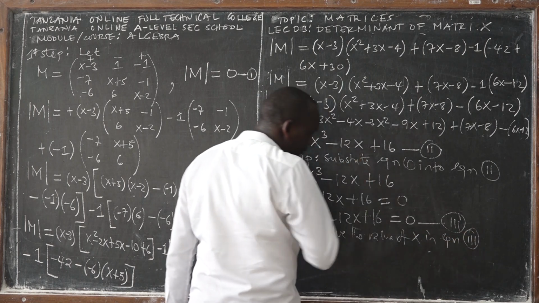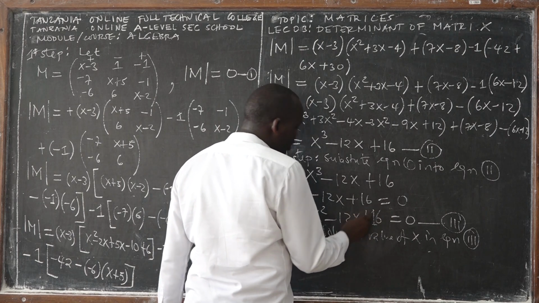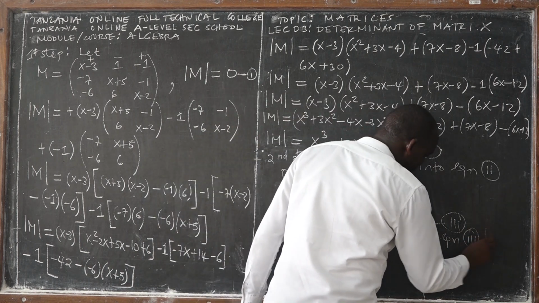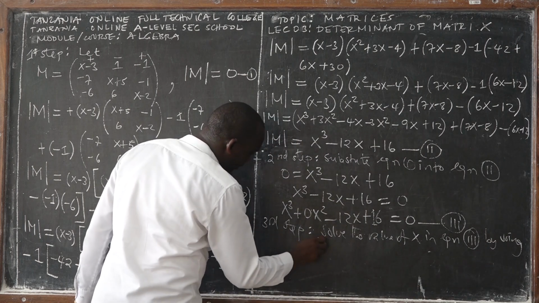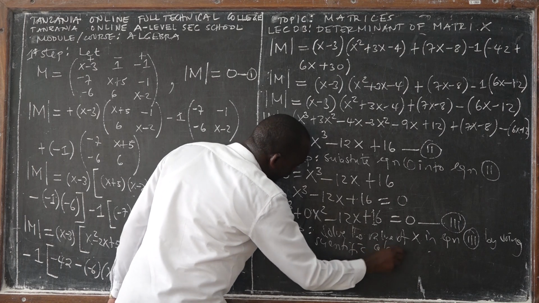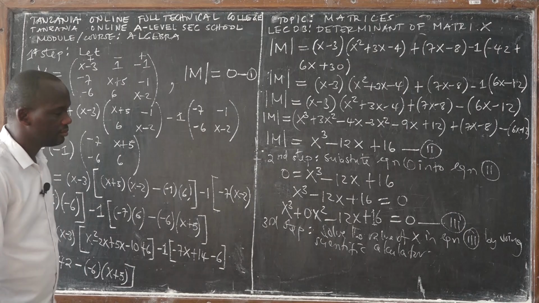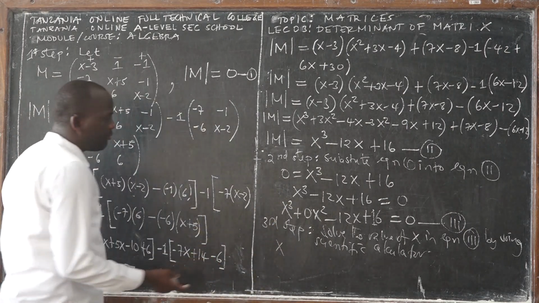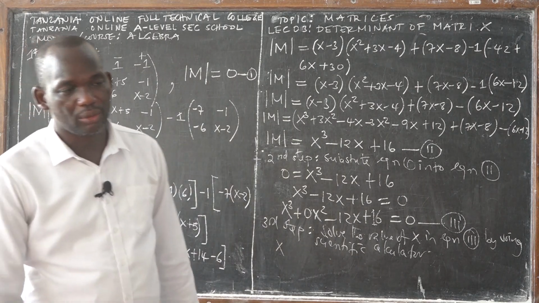You may use the graph, you may use the trial and error method, or you may use a scientific calculator. Because we have x to the power 3, this is a cubic function, so we expect maybe 3 values of x. So take your scientific calculator.